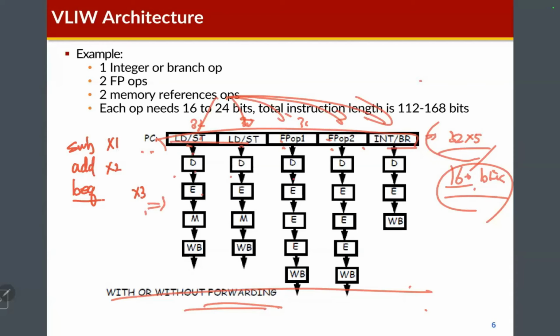If the former instructions of this branch instruction are not related to the branch instruction, which means that these are independent instructions, then we can move these instructions down to after the branch instruction. That can be possible, right? Because these are independent instructions.